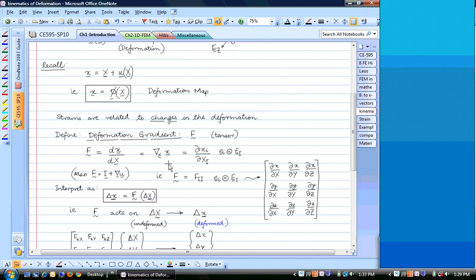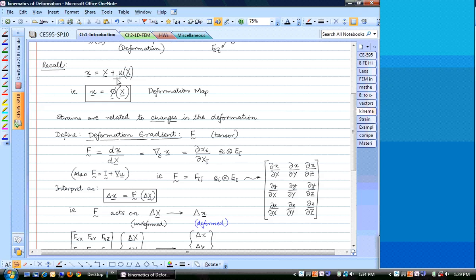And if you still want to know more about how to do that, all that this does is it creates a matrix where, if the final configuration is given by small x, small y, small z, and the initial configuration is big X, big Y, big Z, then the deformation gradient F can be represented with this matrix. And again, I'm calling this a representation of the deformation gradient. This is not a tensor, this is a matrix that represents that tensor.